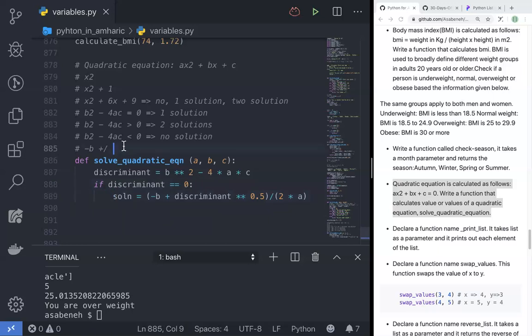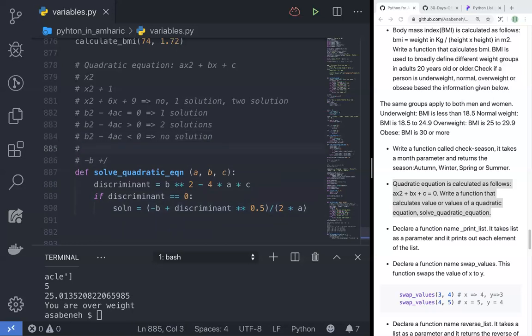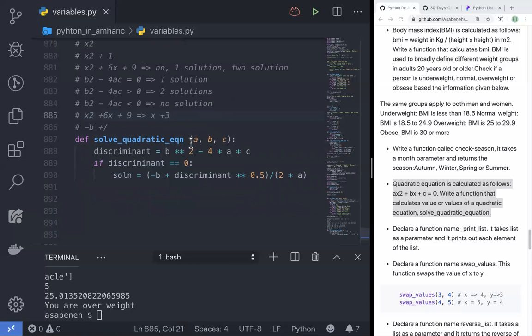For instance, let's try x squared plus 6x plus 9. This is a perfect square, and it's going to be x plus 3 times x plus 3. So the result is -3.